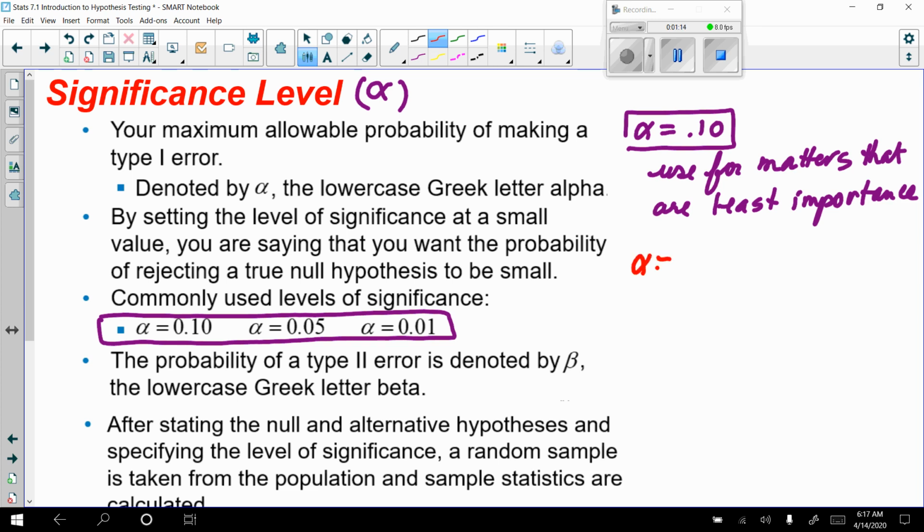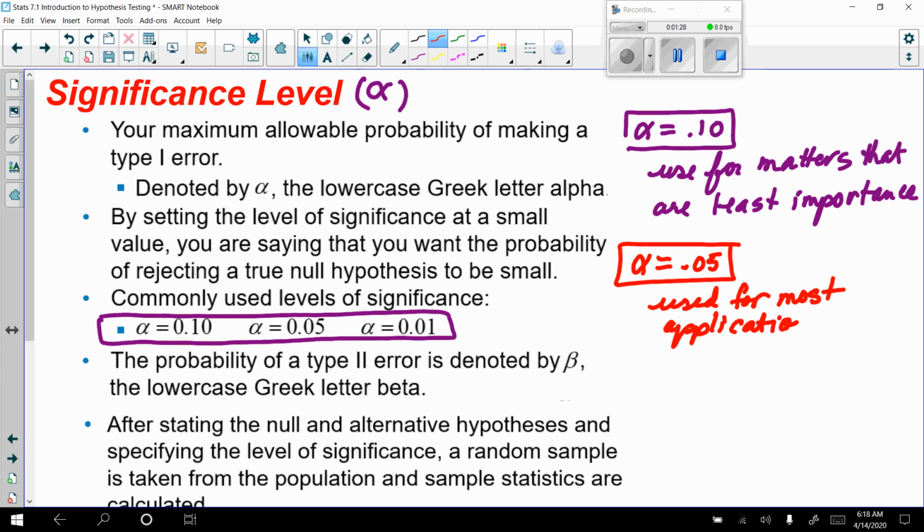If alpha were equal to 0.05, that is used for most applications. So it's of medium importance.